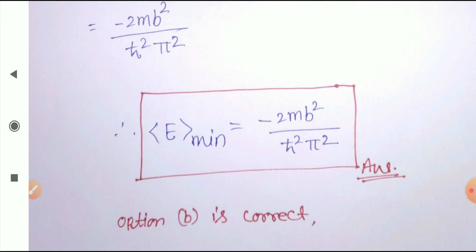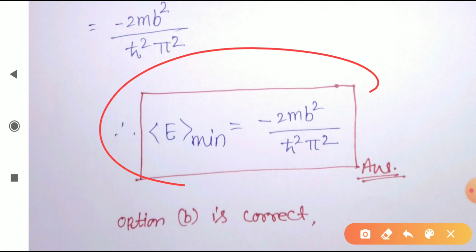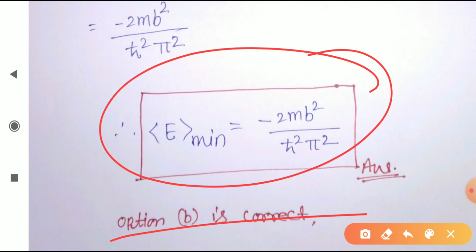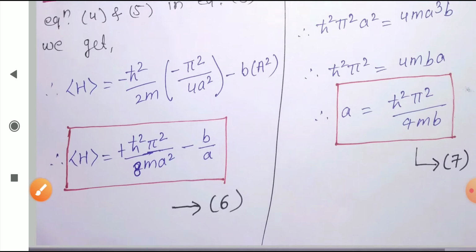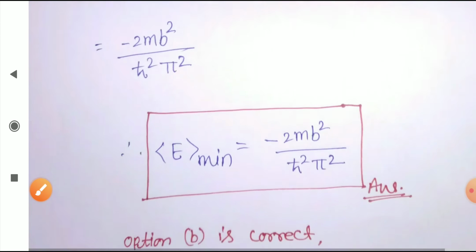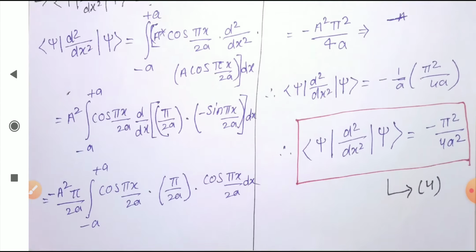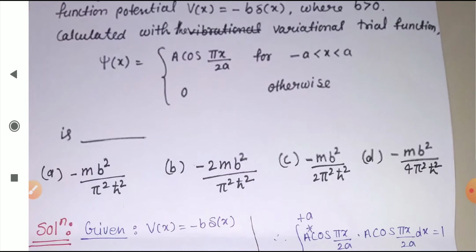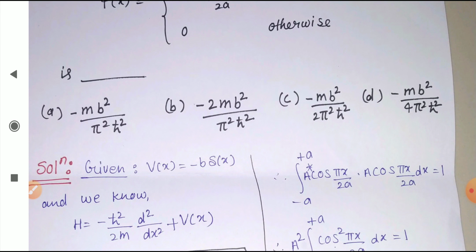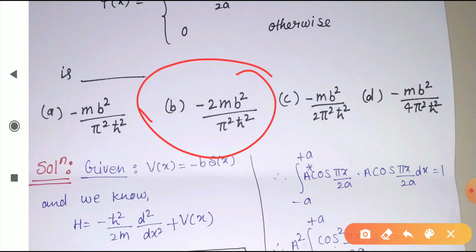So option number B is correct. See here in the option, we have got minus 2mb square upon h cross square pi square. So the option that we have got is this. So B option is correct, minus 2mb square upon h cross square pi square.